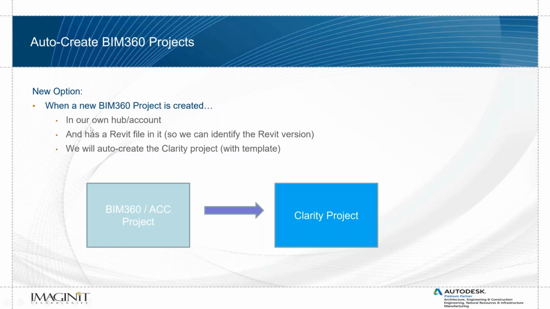If you turn on this option, when a BIM 360 project gets added, we will see the Revit file in it and auto-create the Clarity project, and you can point to a template project to copy over stuff from it. So hopefully that makes it easier to get each new project set up.